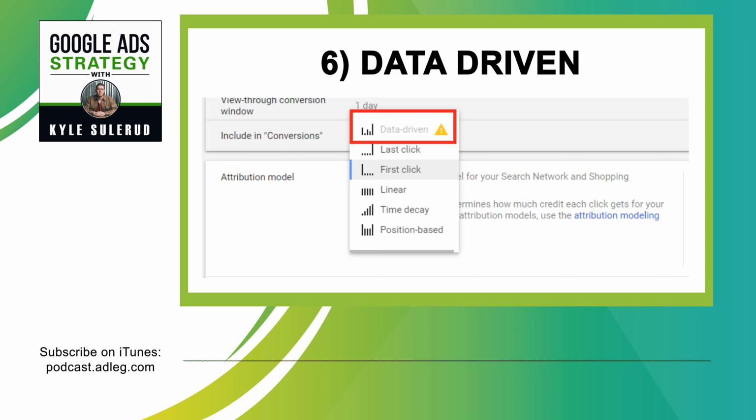That's position-based. And then finally, there is data-driven. This is an option that's not available to everybody. There has to be a good amount of data in your account for Google to open this one up to you. And what this is basically doing is using Google's artificial intelligence to give credit to the click that Google feels deserves most of the credit.